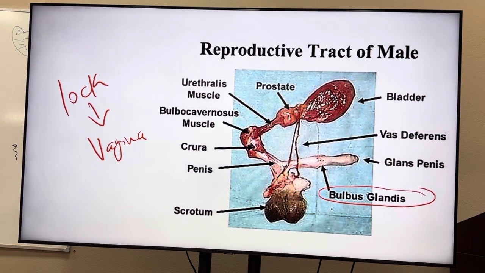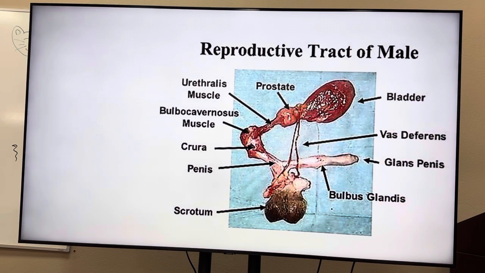Naturally, dogs are animals that are quick about mating, and without this bulbus glandis, reproduction could be difficult actually, because the bulbus glandis increases in size, and the female vagina also constricts just caudal to these bulbus glandis, and the essence of this is to prevent the withdrawal of the penis before ejaculation.